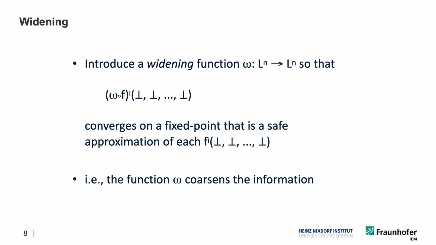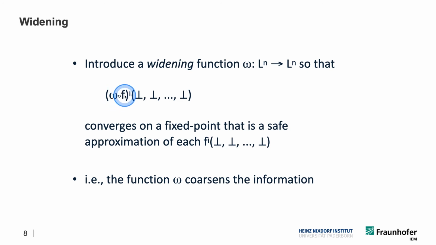So let's introduce such a widening function omega, which is a function from such a vector to another vector that is defined as follows. So here the idea is that in every single iteration, we are not just applying f as previously, but we are also then applying omega right afterwards, right?